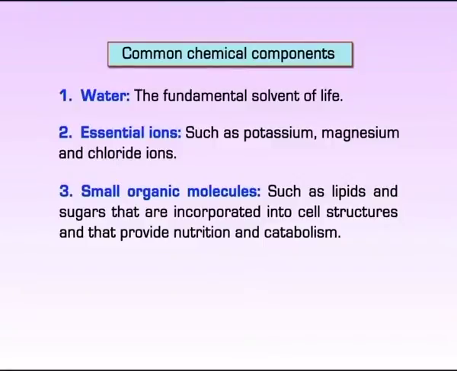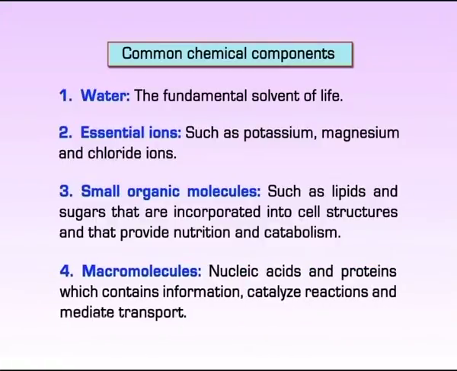Next is small organic molecules such as lipids and sugars that are incorporated into cell structures, and they provide nutrition and catabolism. Next is macromolecules. Under this, nucleic acids and proteins contain information, catalyze reactions and mediate transport.